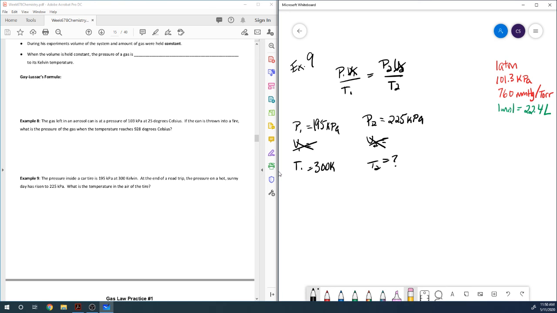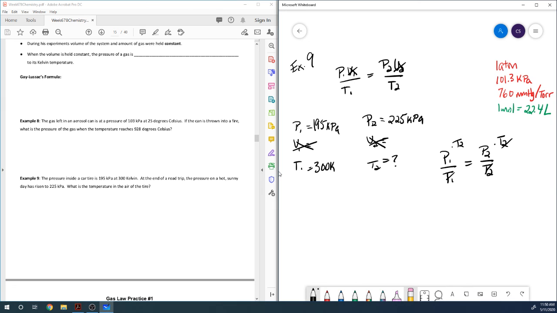Okay. So our new equation should look like this. P1 over T1 is equal to P2 over T2. We need our T2, so we need to get it by itself. Okay, so times T2.